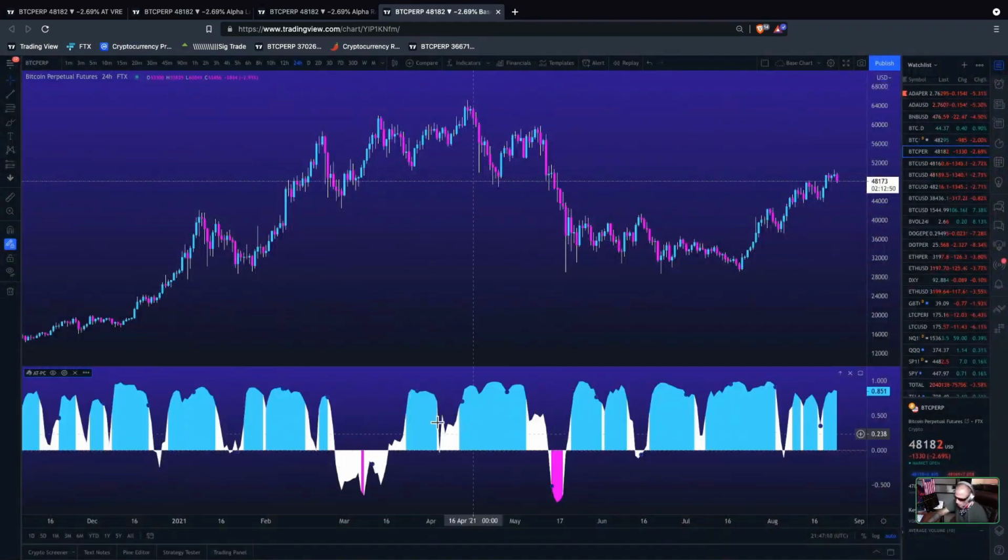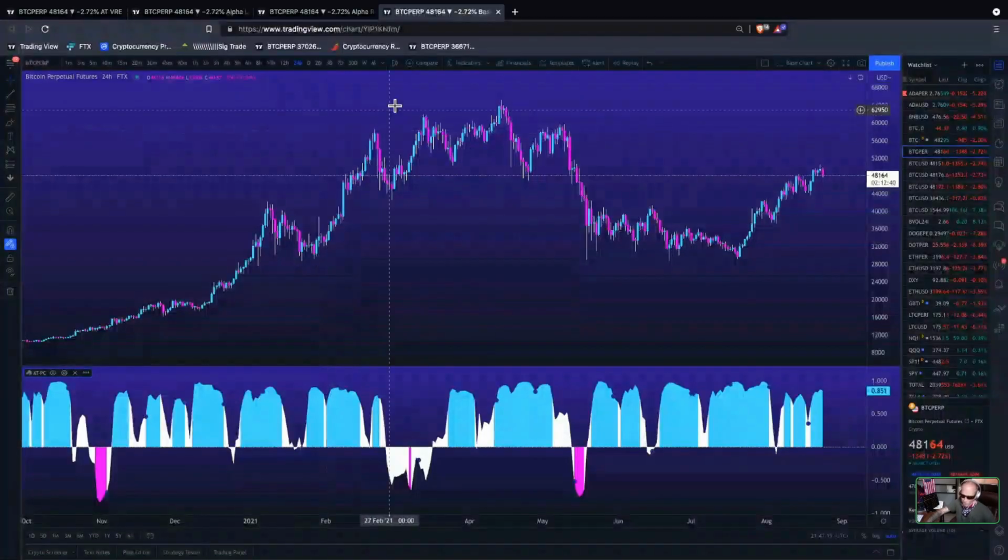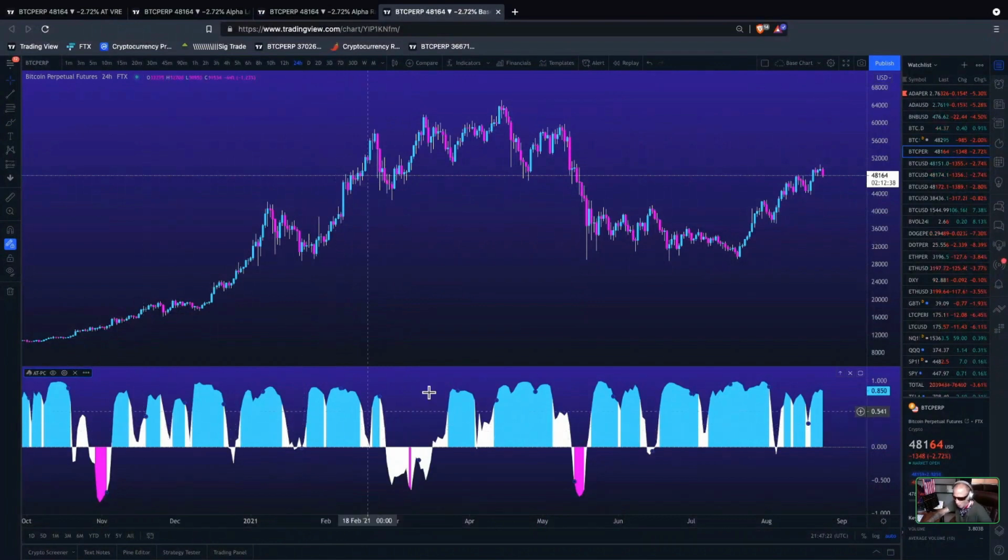This is the correlation coefficient, right? This is Pearson correlation. It's telling you something if you just take one peek at this chart, and it's what we're going to hopefully add on to our Pearson correlation. I just correlated the Cardano Tether pair on Binance to Bitcoin perp futures on FTX. This is a daily chart.